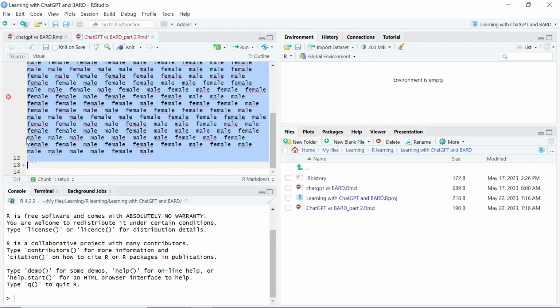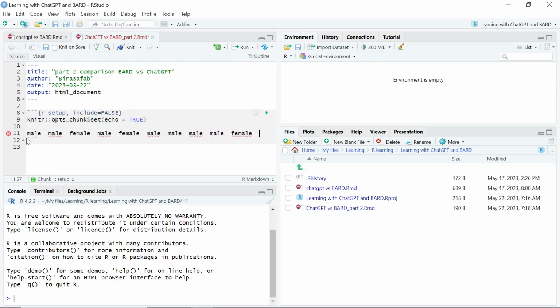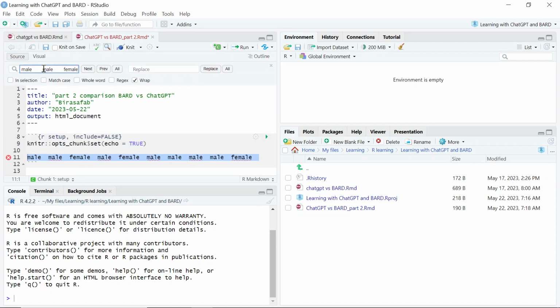I'm going to assign. First, I'm going to find in the selection the whole space, and replace it by a comma.